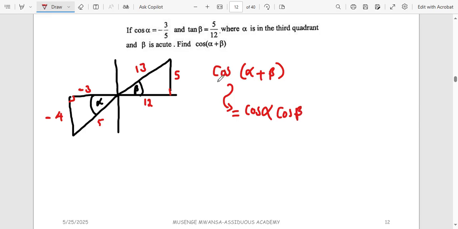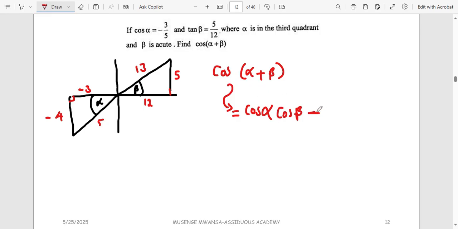For sin, you get sin the first angle, cos the second angle, and then plus, sin the second angle, and cos the first angle. But for cos, you get cos the first angle, and then cos the second angle.